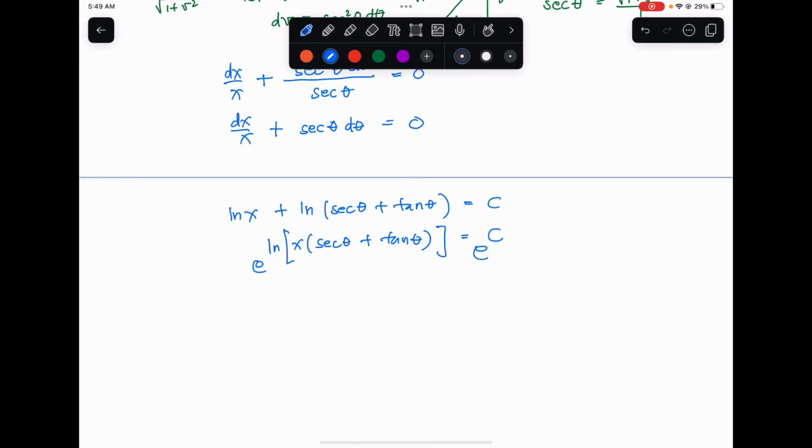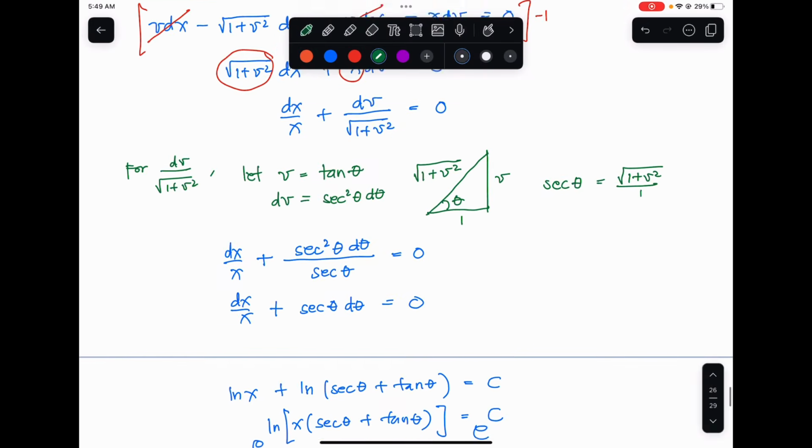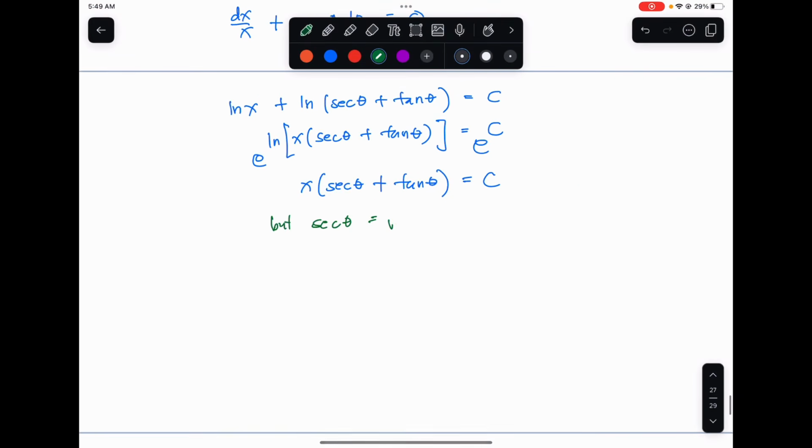So we exponentiate both sides, leaving us with x times secant theta plus tangent theta is equal to c. But secant theta is equal to the square root of 1 plus v squared.